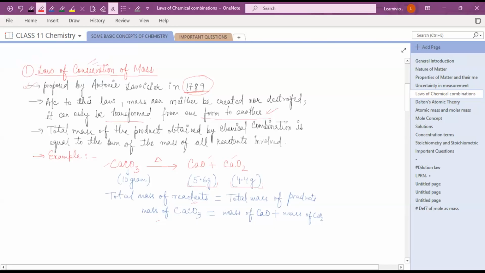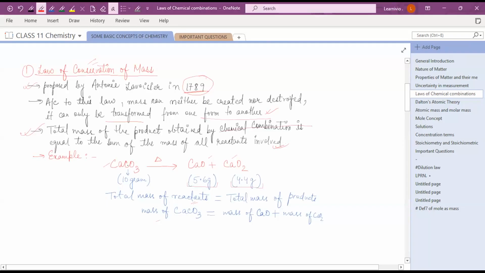This statement means the total mass of the product obtained by chemical combination is equal to the sum of mass of all the reactants involved. Means the mass of product is always equal to the sum of mass of all the reactants. The mass is neither created nor destroyed.